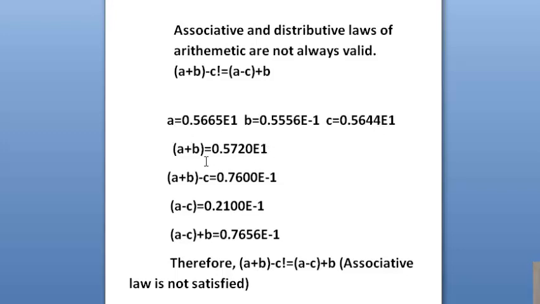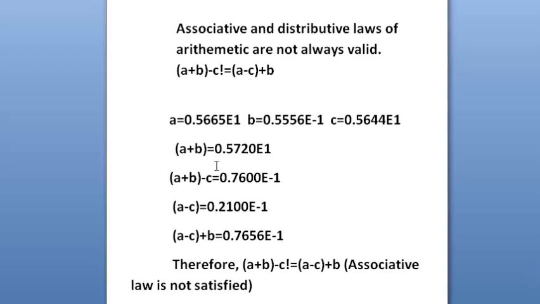Here, when we calculate the value of a plus b, we get 0.5720 E1, and then when we subtract c from this value, we get 0.7600 E minus 1. This is the left hand side of the equation.